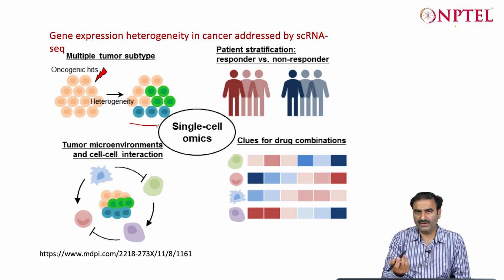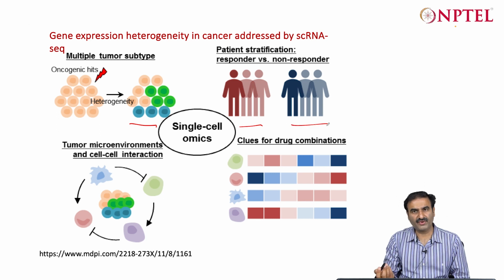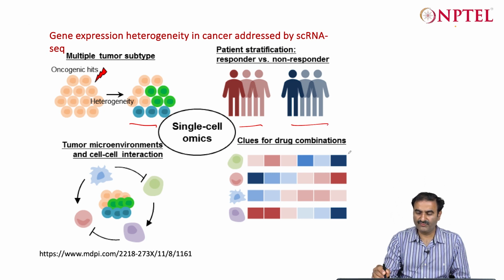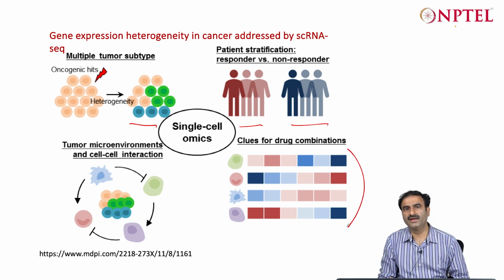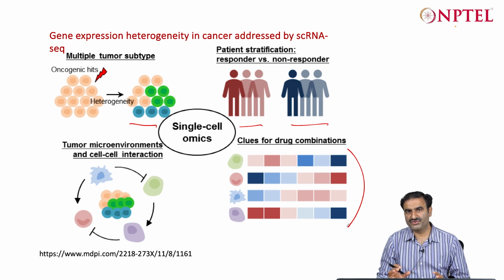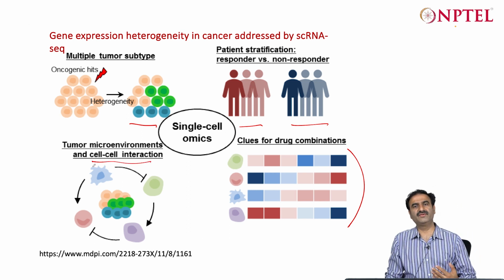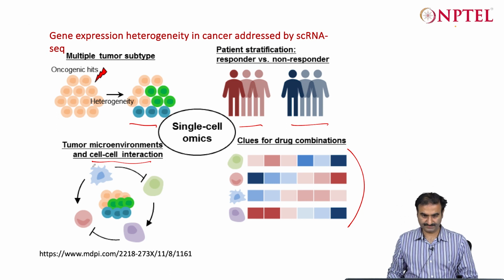Again, using those cells, you can also do responder versus non-responder studies of any kind of treatment that you are giving, that can provide clues for the different drug combinations that you can provide to those single cells, which show differential phenotypes, or to understand the various cell to cell interactions in that tumor microenvironment where the cells are heterogeneous.